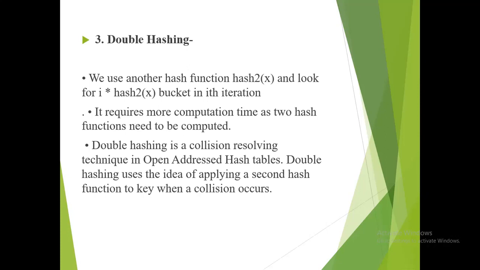It requires more computation time as two hash functions need to be computed. Double hashing is a collision resolving technique in open addressed hash tables. Double hashing uses the idea of applying a second hash function to the key when a collision occurs.